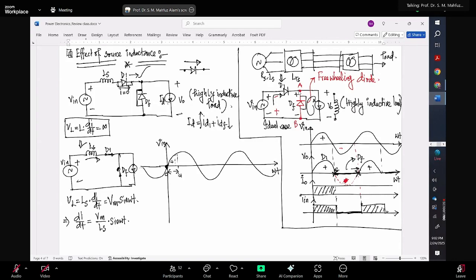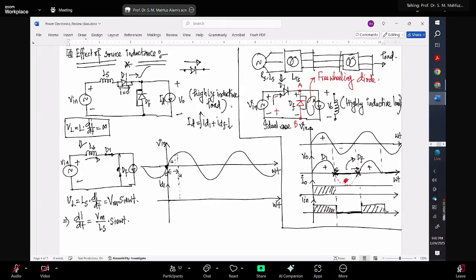During that portion, suppose this is my diode current ID1, then how will the diode current change? According to this equation, the current change will be similar to a sine wave, right?